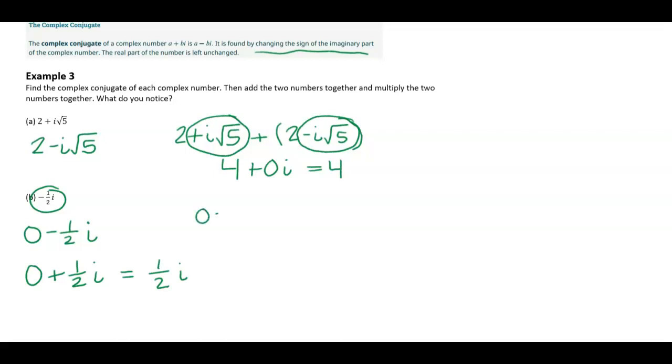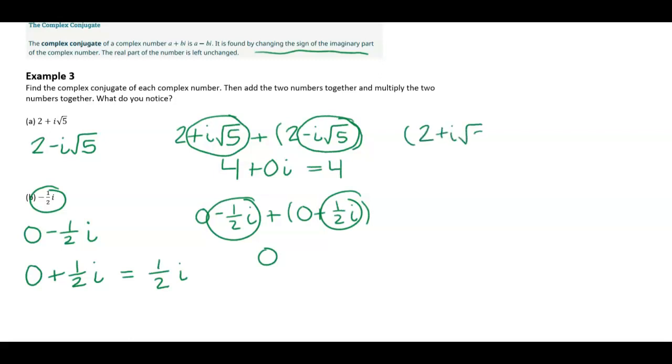Similarly here, if I wanted to write this with the 0, just to make sure I understand the full placeholder here, I'm going to end up getting 0 plus 0, which is 0, or the addition of just the real component pieces. Let's look at what happens when I multiply an imaginary number by its complex conjugate.